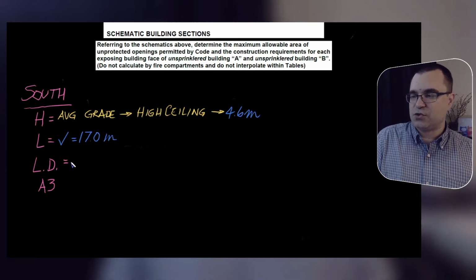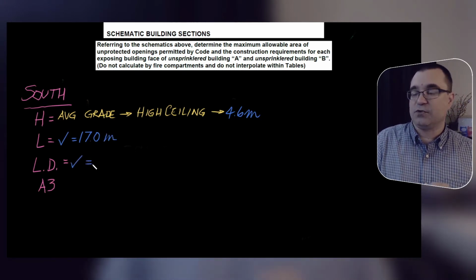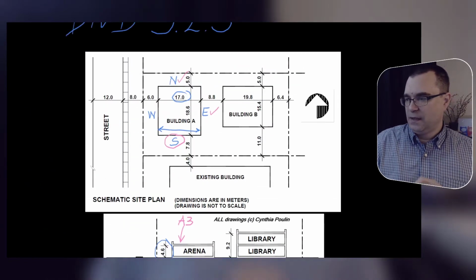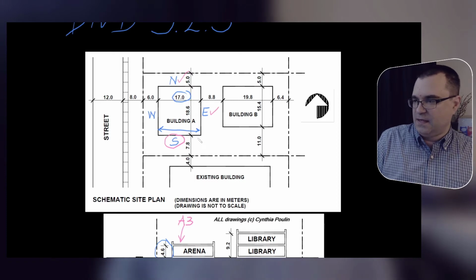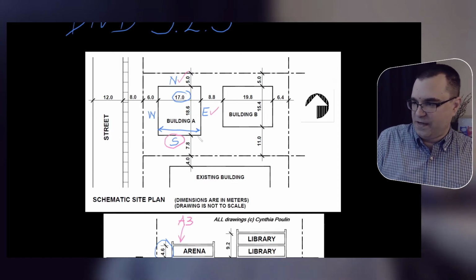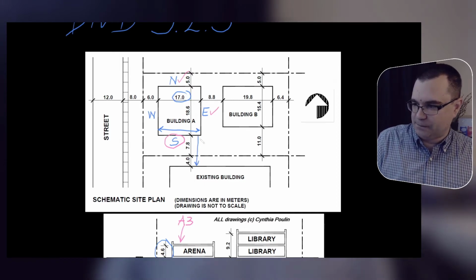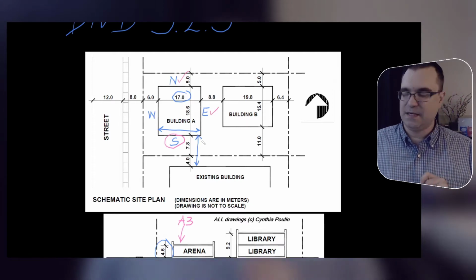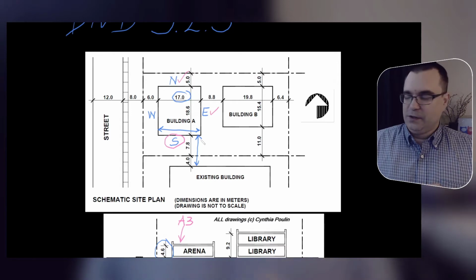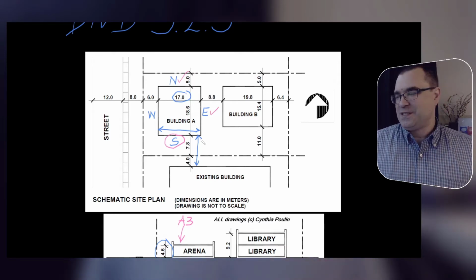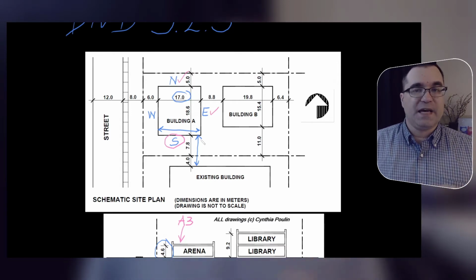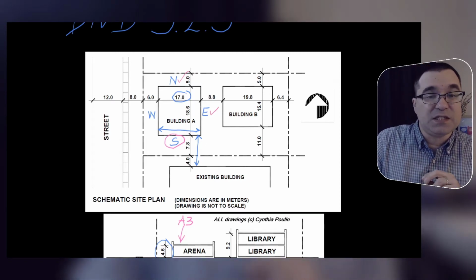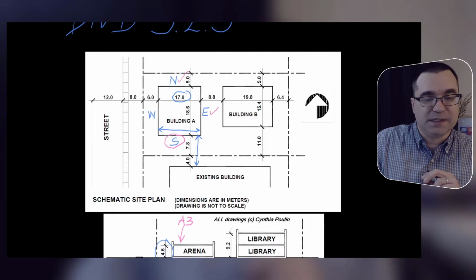And now let's go find what the limiting distance is for that south face. Now the limiting distance goes to, look at this. This south face is facing another building. So normally, according to the definition of the limiting distance that we find in the Ontario Building Code, under all definitions, it would be halfway between the two buildings, except that the south face actually is facing a property line.